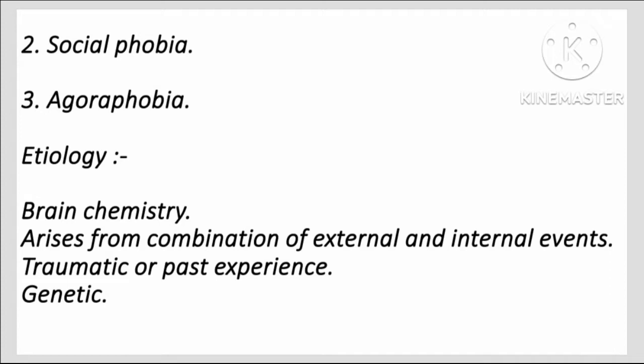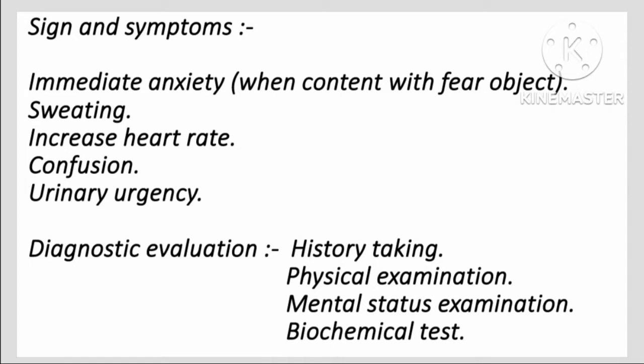Etiology: brain chemistry, arises from combination of external and internal events, traumatic or past experience, genetic. Signs and symptoms: immediate anxiety when in contact with the feared object, sweating, increased heart rate, confusion, urinary urgency. Diagnostic evaluation: history taking, physical examination, mental status examination, biochemical test.